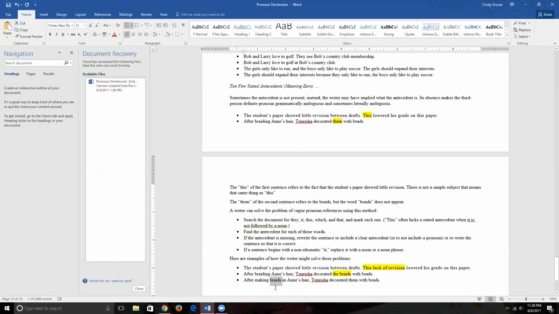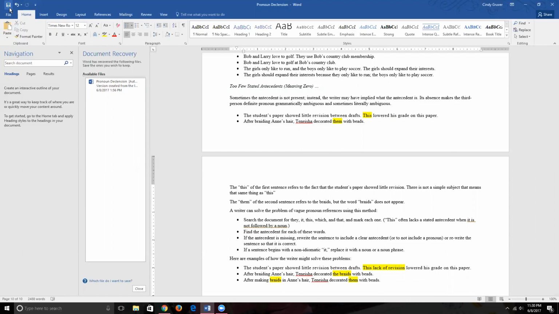I don't really like this solution though, because making braids in Ann's hair to me doesn't sound like the way most people I know would describe that. It's grammatically correct. It doesn't violate any rules, but to me it sounds awkward.